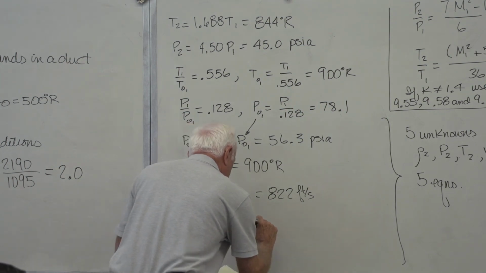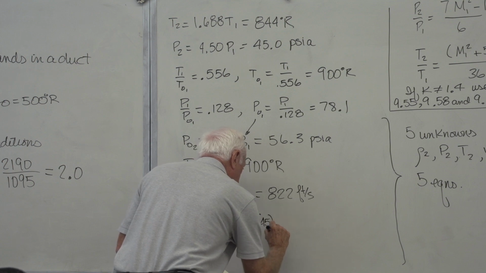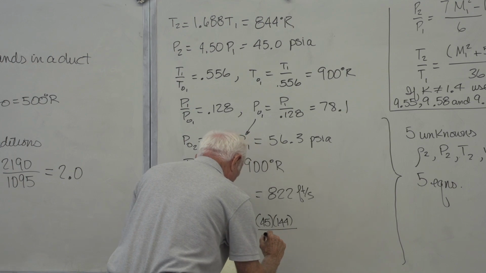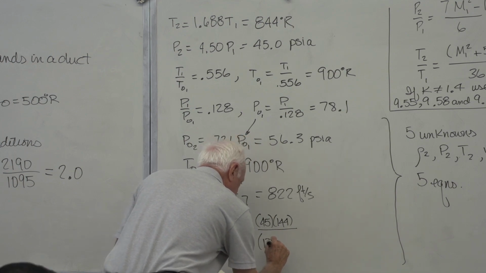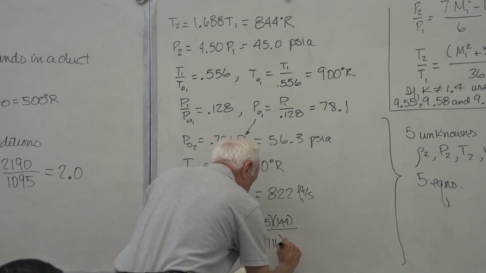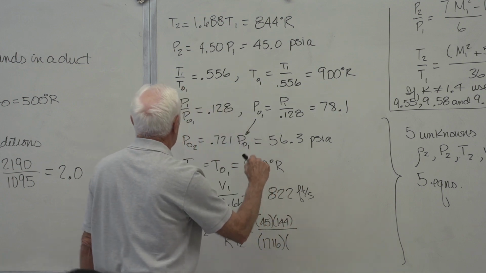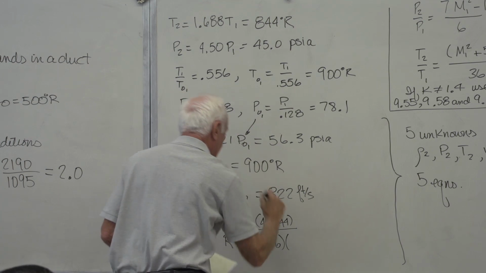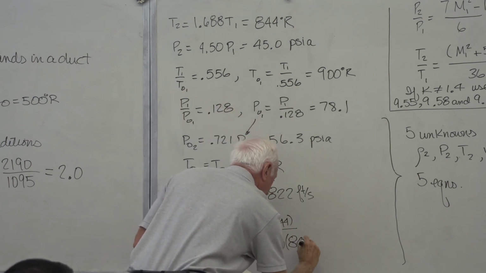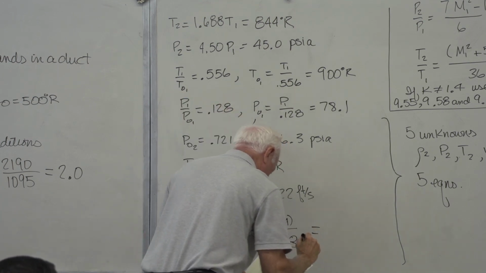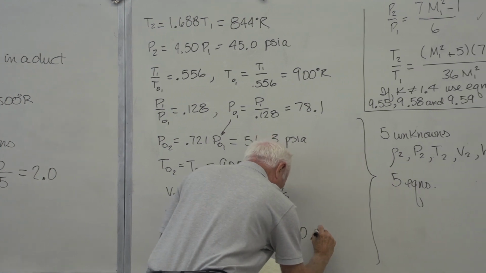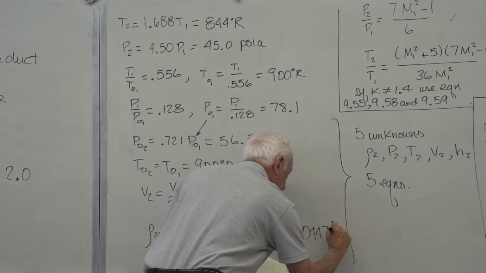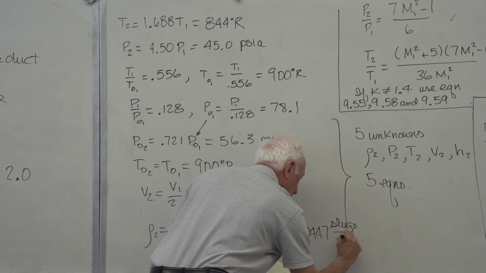P2, 45, times 144 square inches per square foot. R, 1716. T2, I just found T2 up here. T2, there it is up there, 844. Rho 2, slugs per cubic foot.